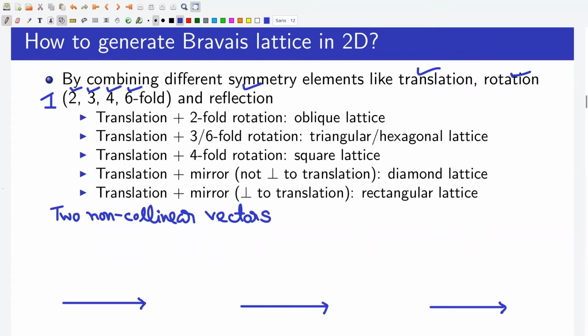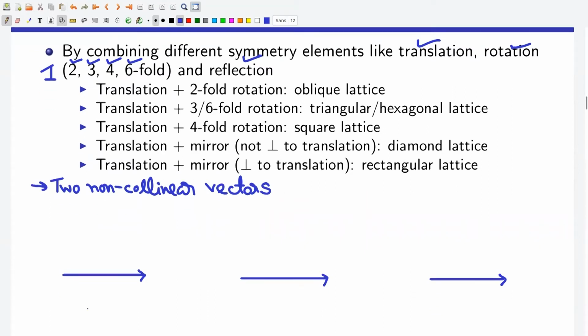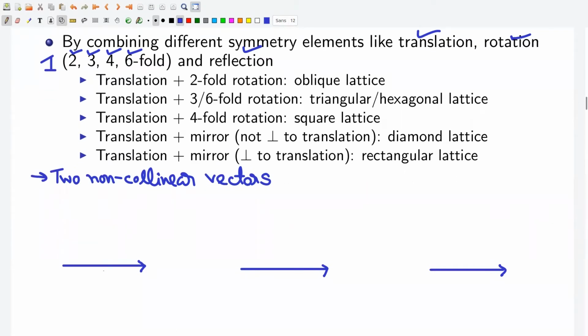Before we start, note that we need two non-collinear vectors to define a 2D lattice. So let us take this case. We take the first vector to be A1, and we need another vector to define a 2D lattice.